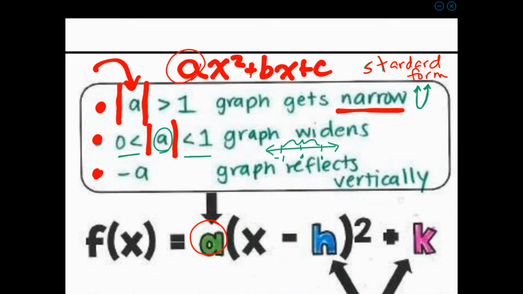Okay? So any number that falls in that area widens the graph. So the graph would look like this, more like a smiley face, right? Okay? It would widen it.